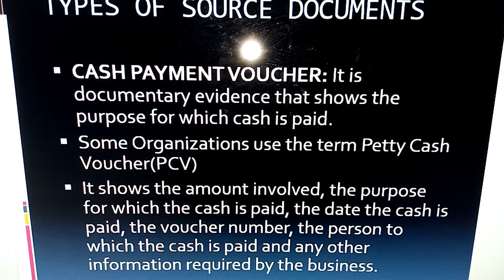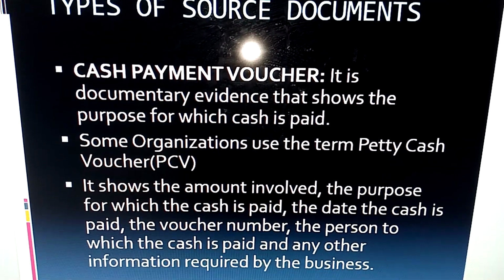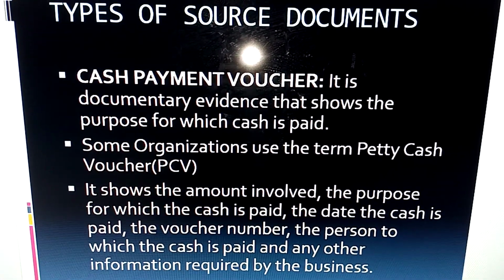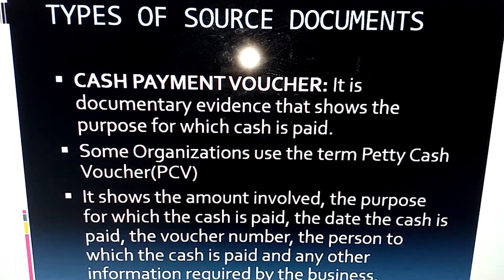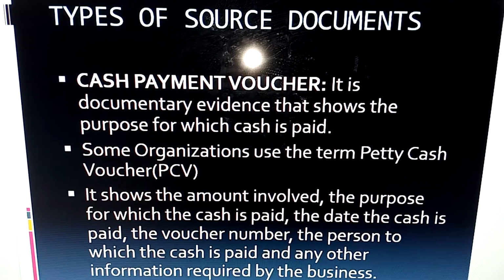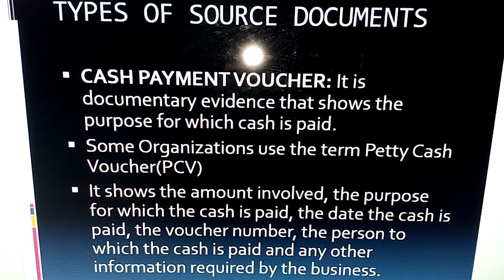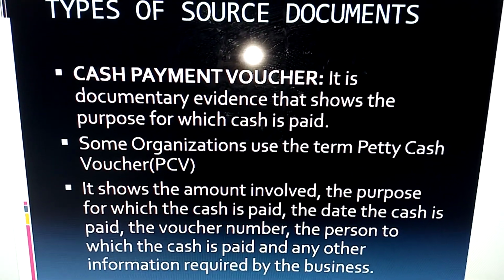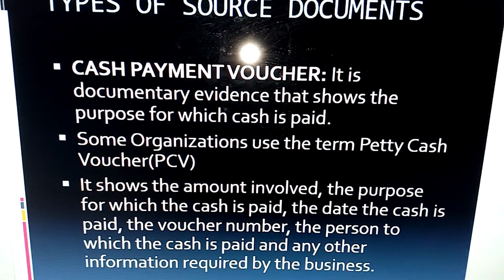Some business organizations use a petty cash voucher. That is, they separate between main cash and petty cash. They are the same thing, just that one is for huge cash, the other is for smaller or minor cash.